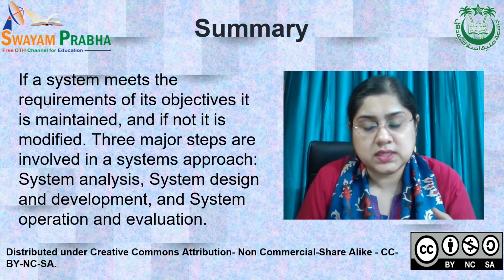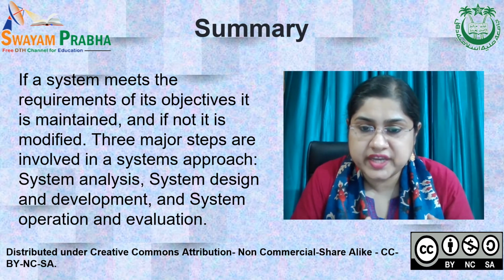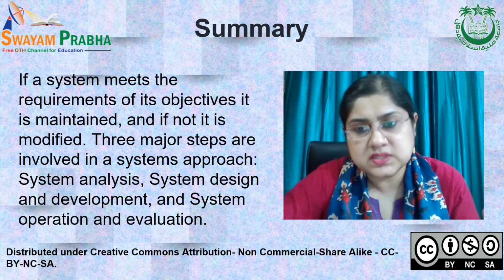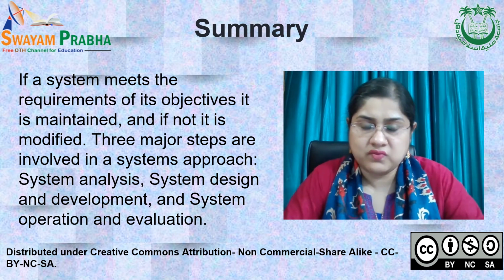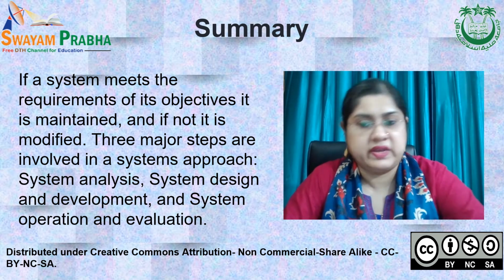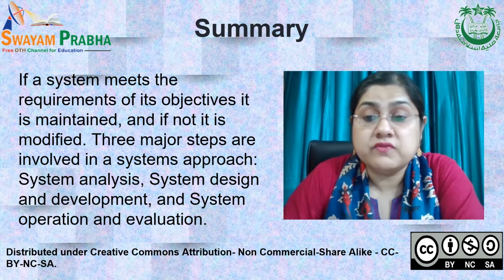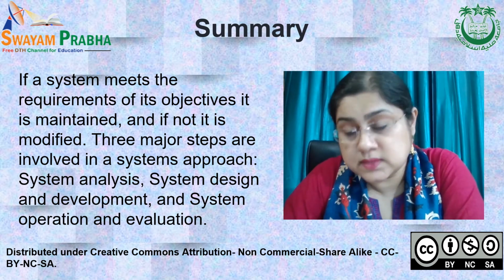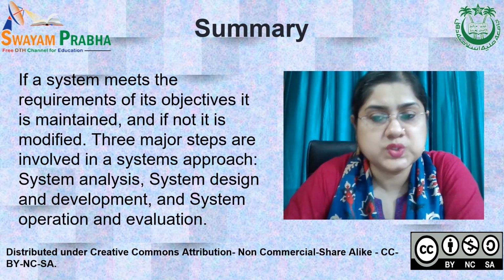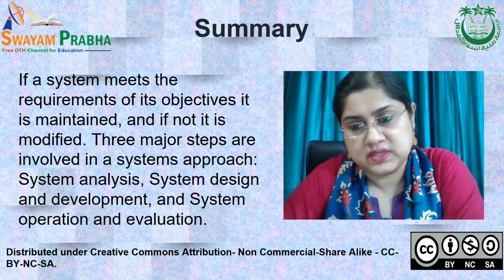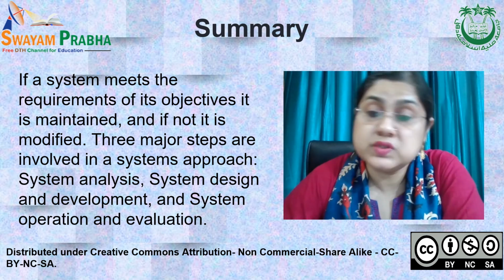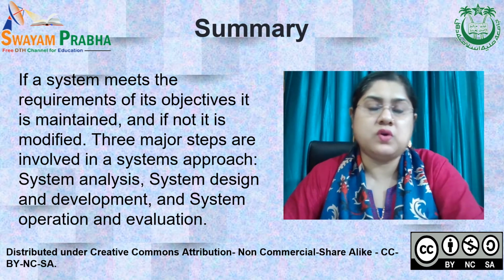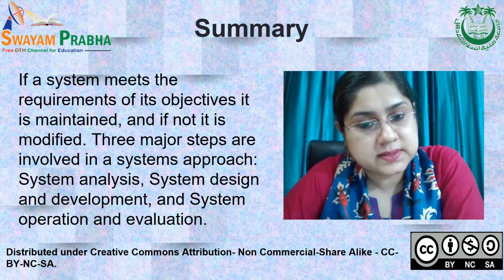We actually need to check what exactly is the efficiency of the system, and on the basis of whatever we get as a result in this evaluation, we provide the necessary feedback to the developer, so that if the system requires some sort of changes in future, the developer would be aware of what those changes are, so that we can run a very effective and precise system. So this was all about the different steps of the systems approach.